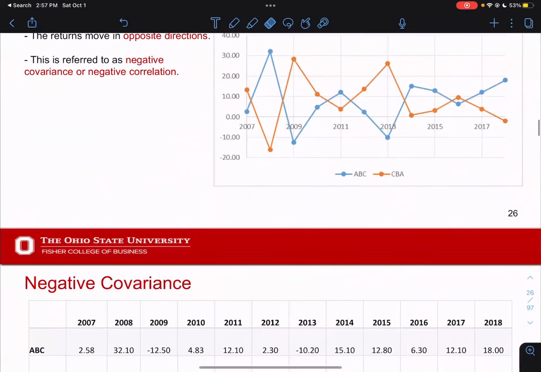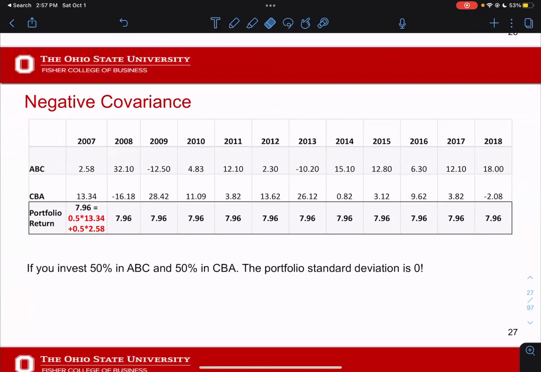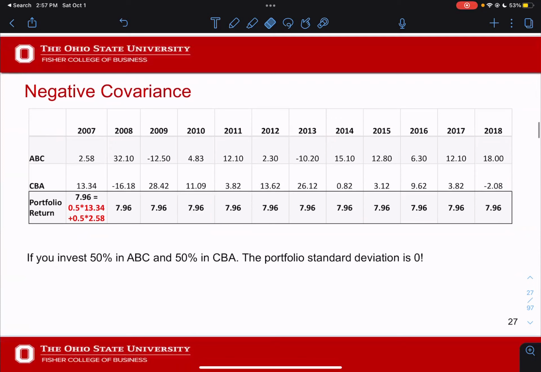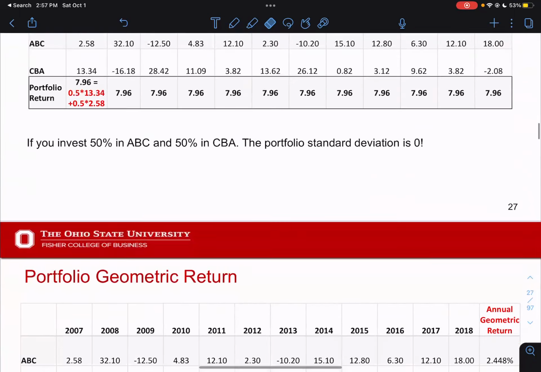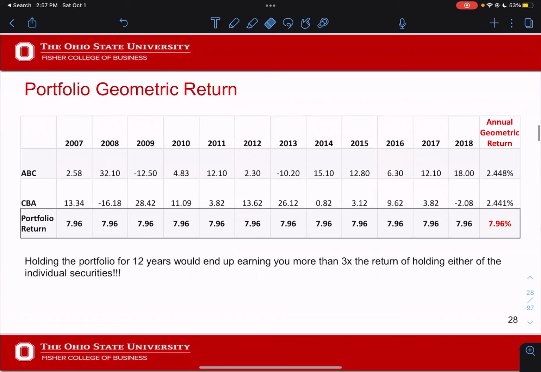So you can construct a portfolio which has half investment in one stock and half in the other one, and you can get a constant expected return. And then here in slide 28, I show you the annual geometric return is higher than either of them.